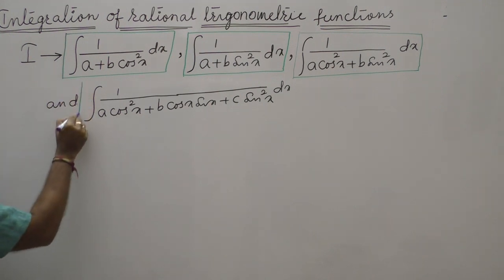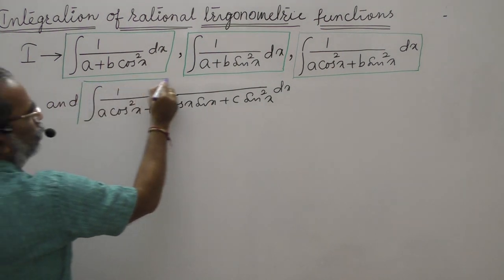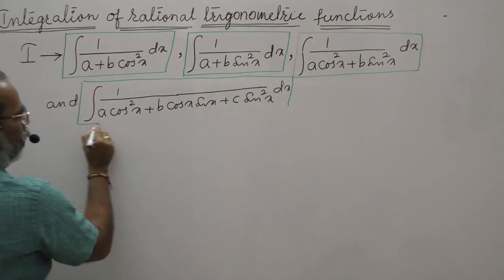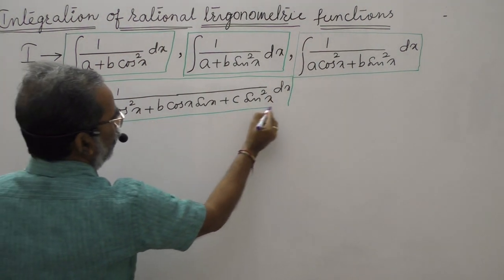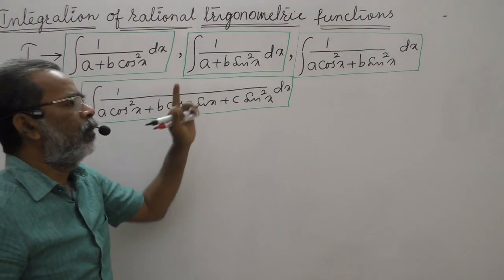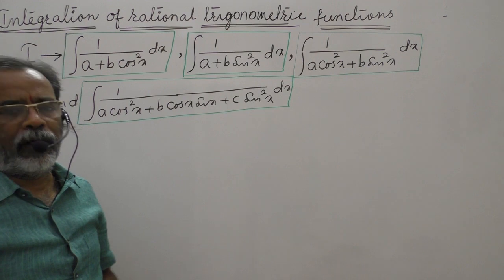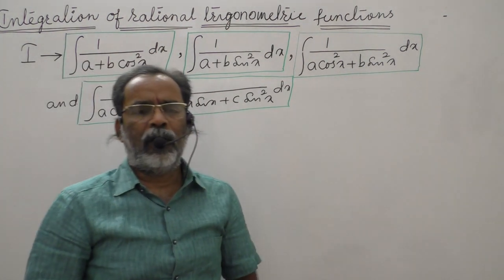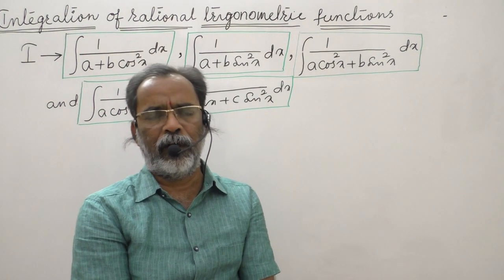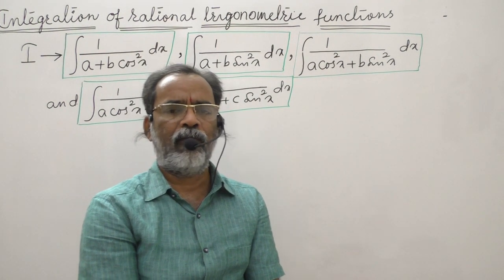And fourth one, 1 divided by a cos square x plus b sin x cos x plus c sin square x. These are the first type of integrals, rational trigonometric functions.